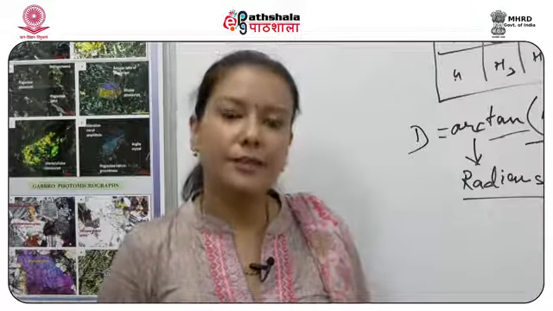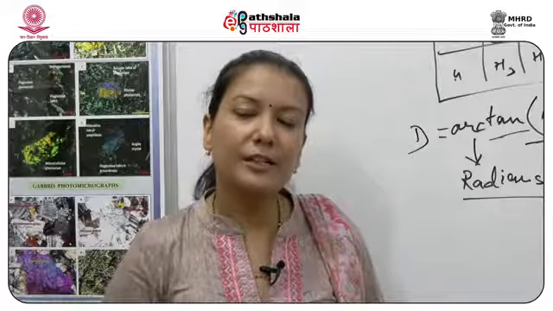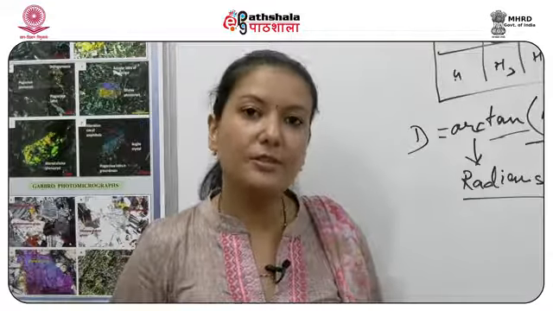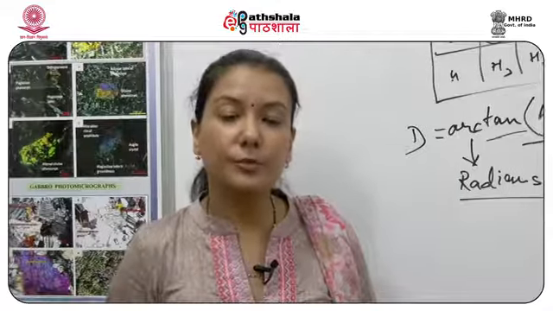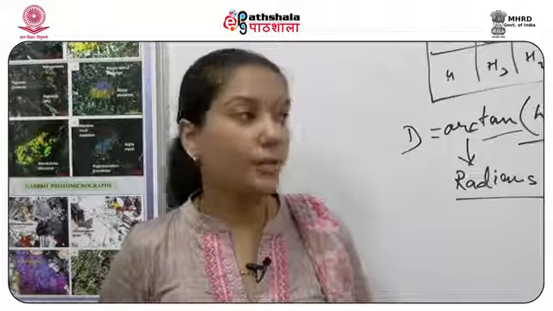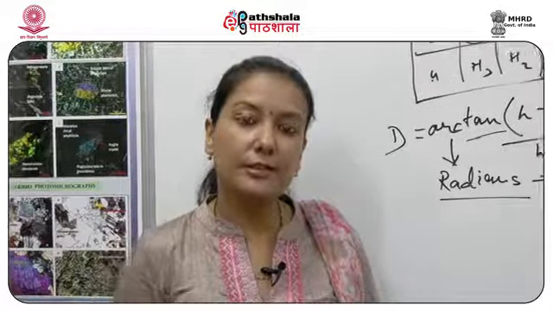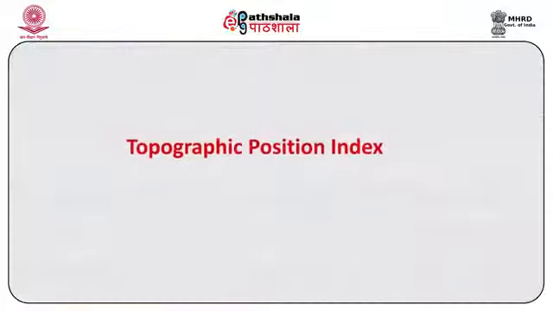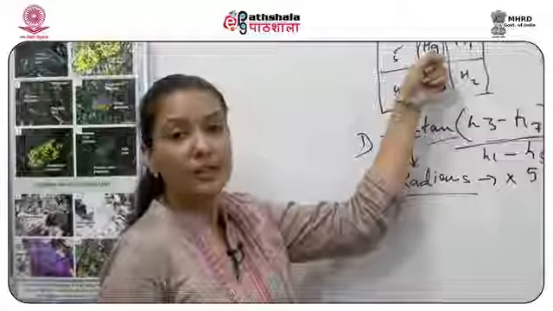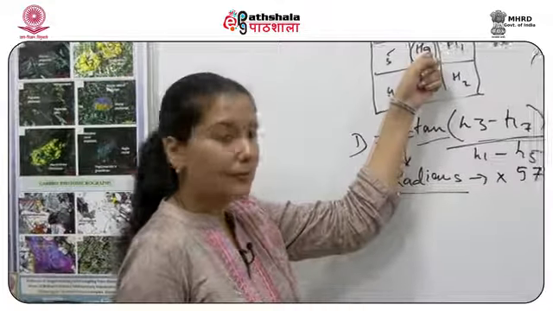Other than the convergence index, there are other morphometric parameters which can be utilized using the digital elevation model. One of them is your topographic position index. What does the topographic position index tell you? Imagine this is your raster data and you need to calculate the topographic index of this raster cell.